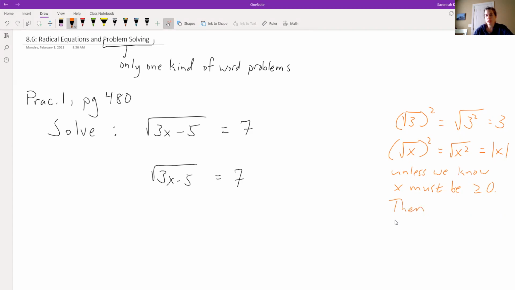Then we'd be allowed to say that either one of these quantities equals just plain x. And I think they're going to be doing that continuously for us. They don't like us in Algebra 2 to deal with absolute value bars too much.